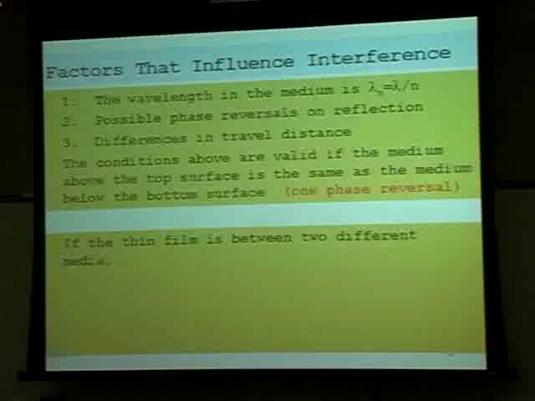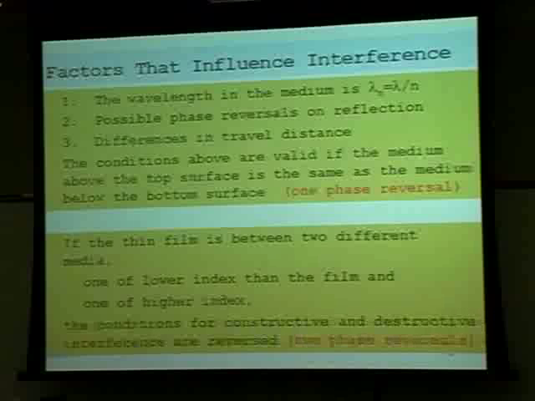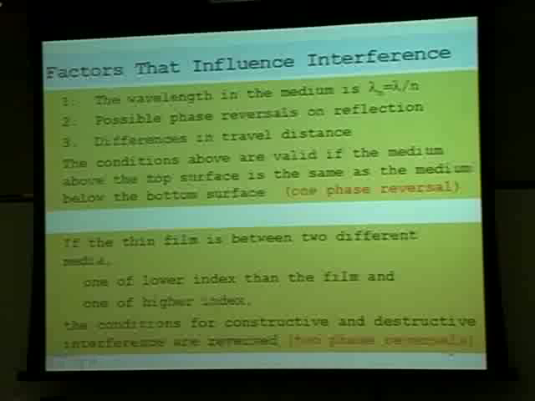You're going to have a phase reversal on your first reflection, and then as it goes through the film and hits the second surface, you'll have a phase reversal there too, because you're going from lower index to higher index on that second surface as well. So you'd have two phase reversals. And in that case, our conditions for constructive and destructive interference would be reversed. Those formulas would be reversed because we'd have two phase reversals for that situation.